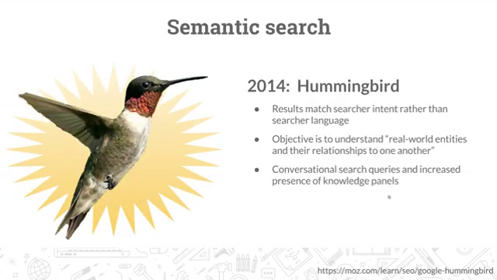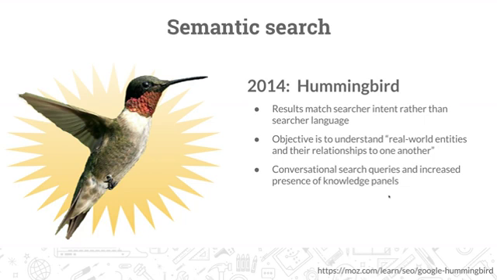The second concept or factor to consider would be the semantic search aspect. Hummingbird is the prevailing algorithm used by Google, where it relies on looking at words within the context or within a contextual framework that they exist within. Gone are the days where you just have a page that has a bunch of words of the same word on it, and the search engine is just counting those words and seeing whether or not they exist or not.